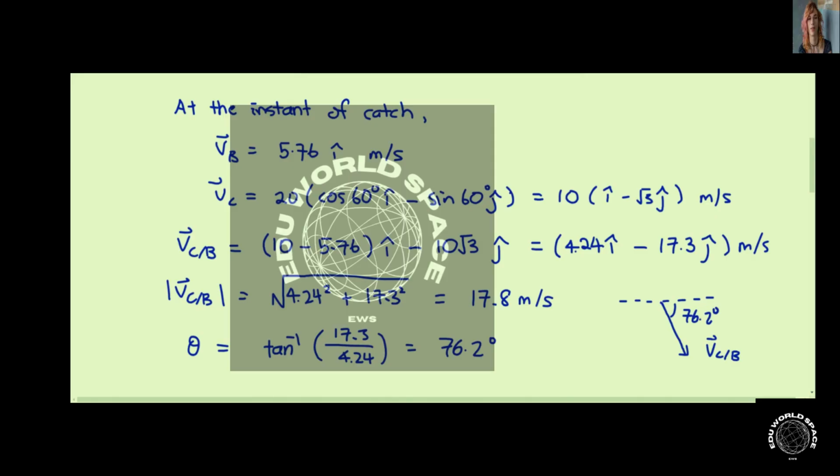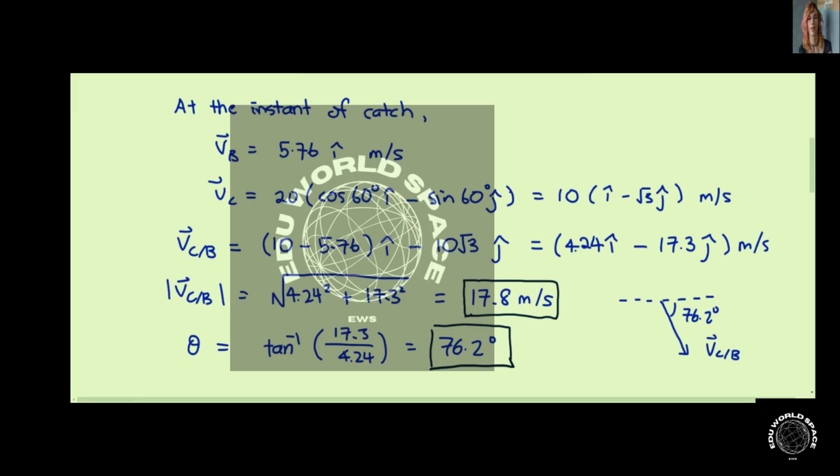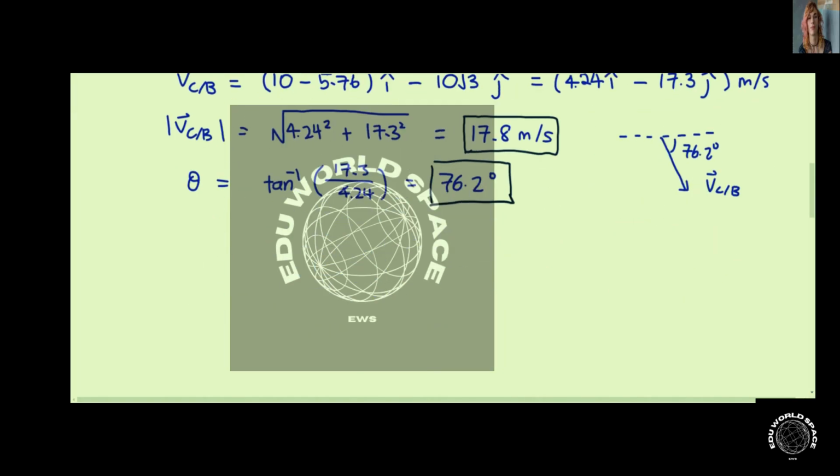Okay, next we move on to the acceleration. So acceleration of B is 0 because B is moving at constant speed. Okay, the acceleration of C is negative 9.8 j hat meters per second square.